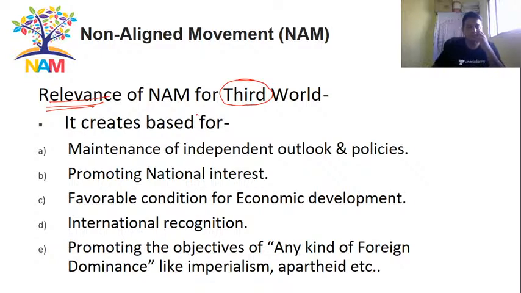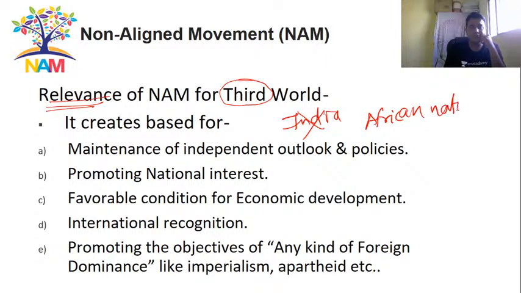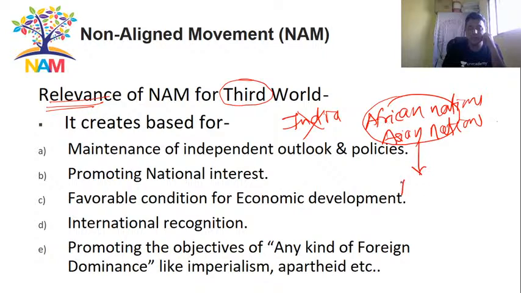What do you think? Just take the example of any particular country. Forget about India as a bigger country. What about the African nations? What about Asian nations? Because most of these African and Asian nations never had experience of democracy.